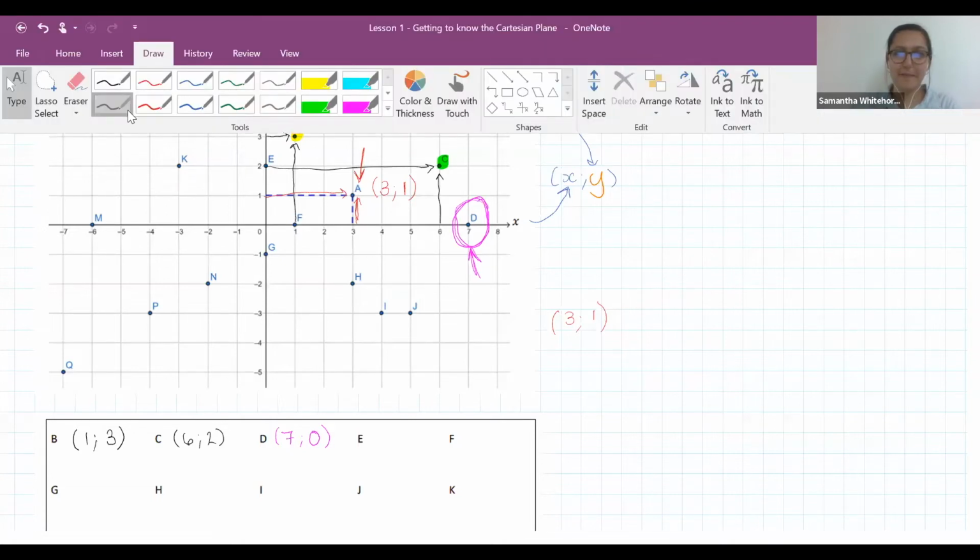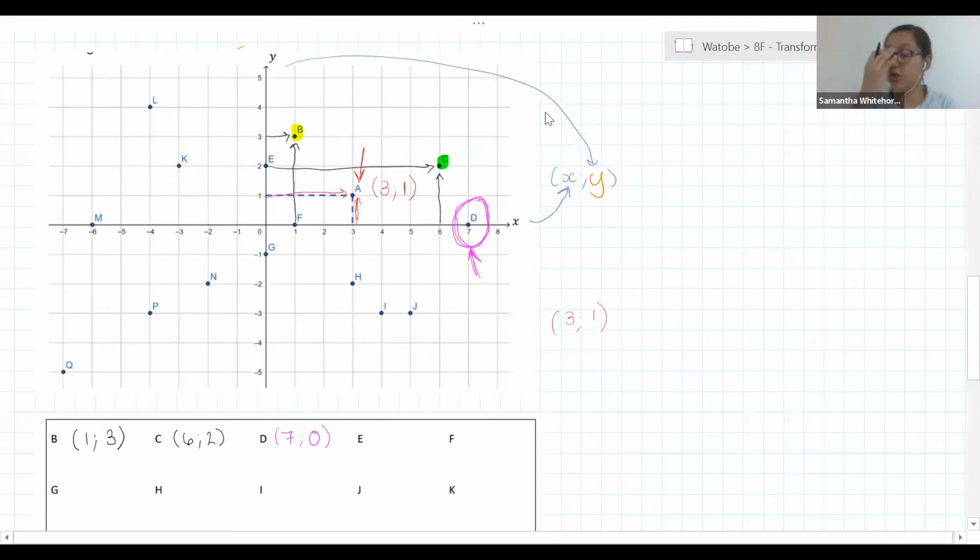Ma'am, I don't understand the Cartesian plane. Okay, what don't you understand? Ma'am, I'm not understanding the coordinates. I'm clueless. I don't understand what's going on. Okay, so basically the Cartesian plane is a way for us to draw or represent a relationship between an X and a Y value. So if I tell you that X is a value and Y is a value, we can go and plot a point on the Cartesian plane to show that at that point, I'm working with an X value of whatever and a Y value of whatever.